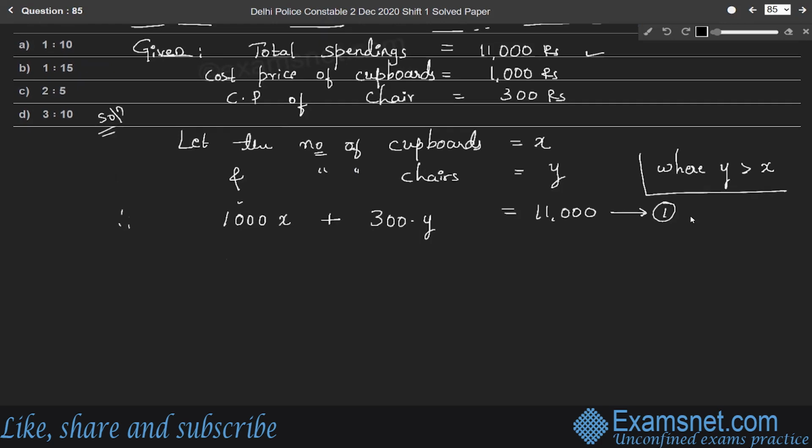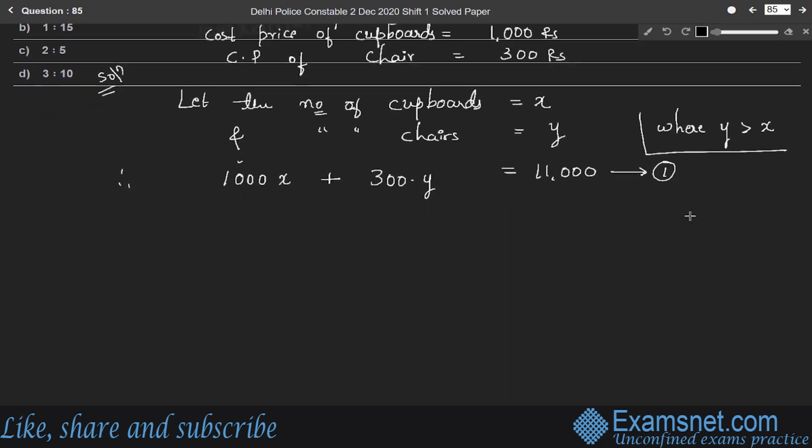So let us go step by step. The least possible value of X is 1. So here there can be only one cupboard or more than one cupboards. But there has to be a maximum number of chairs, right? So let X be equal to 1, right?